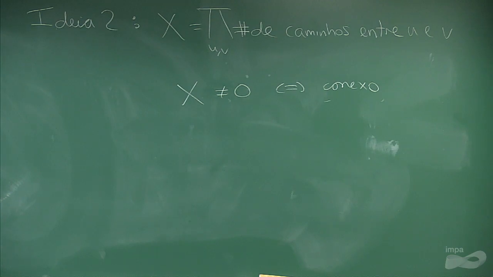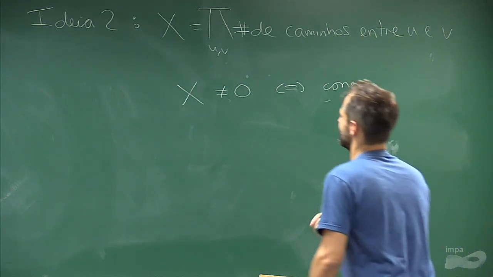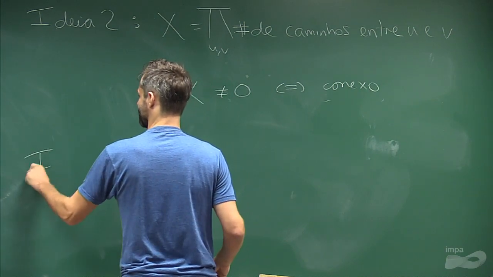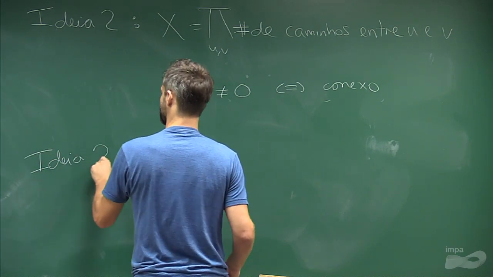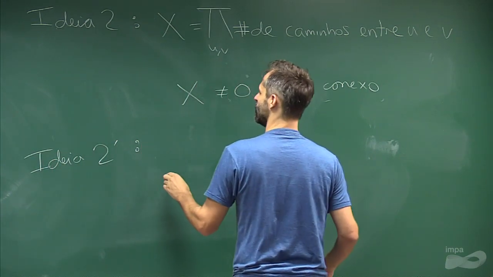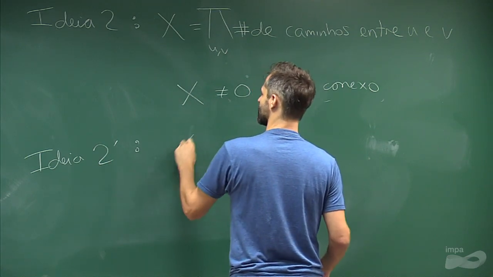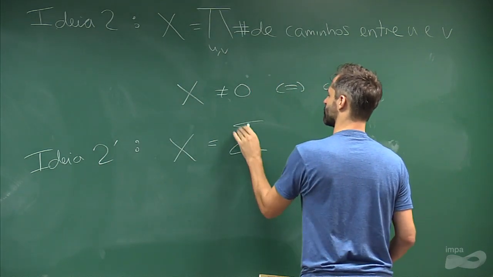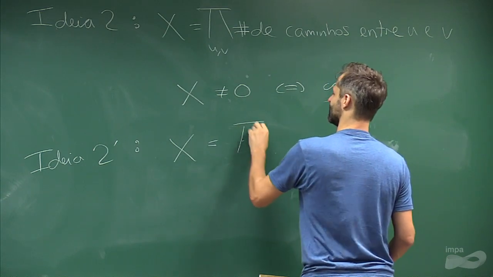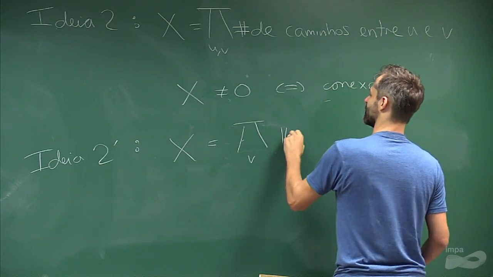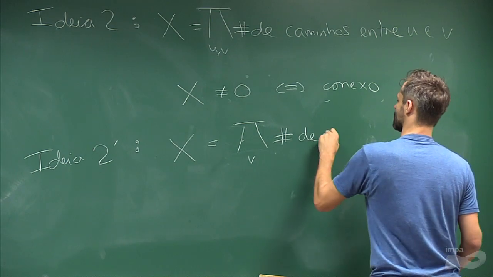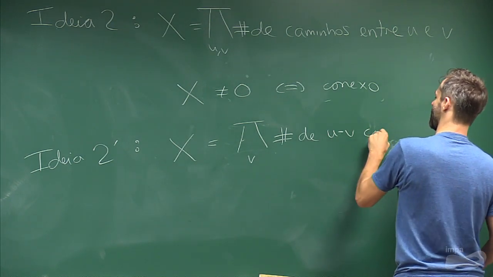You can fix u there. If you fix a vertex, if there is any path between you and every other. So x is the sum or the product over v of the number of uv paths.